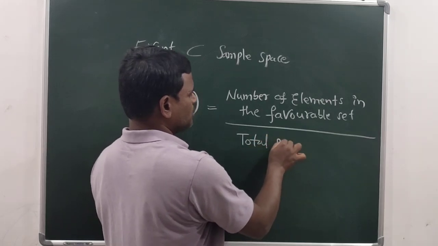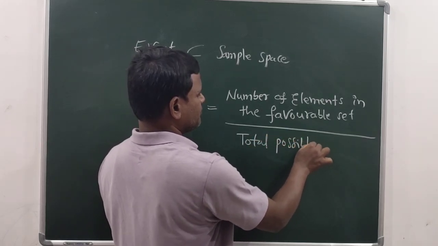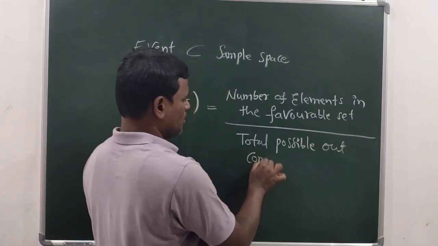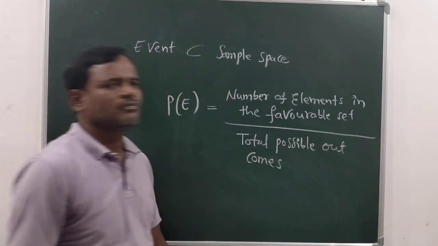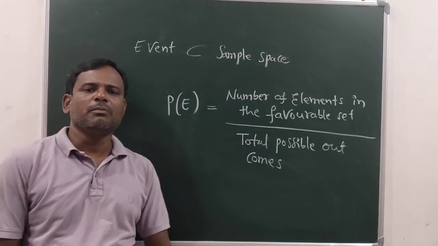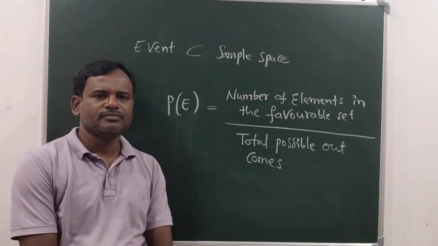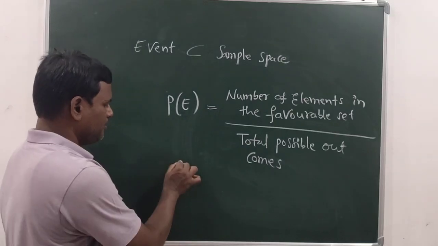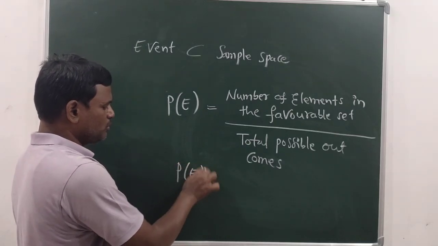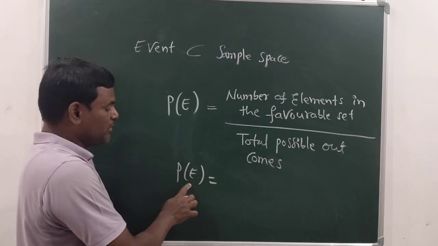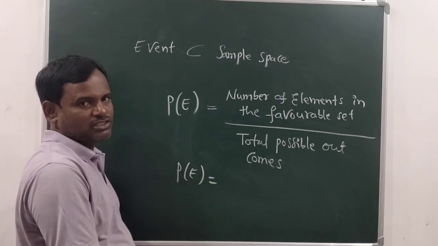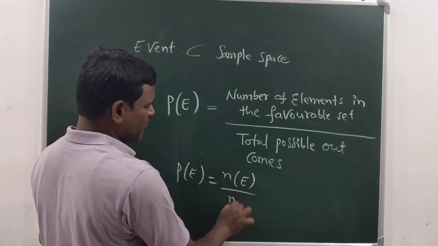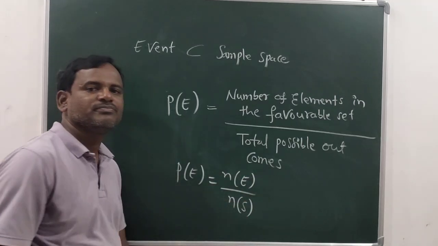Total possible outcomes. So this is the probability of an event, the classical definition. P of E. Suppose you name the event E, the favorable set. So number of elements in E by number of elements in sample space.